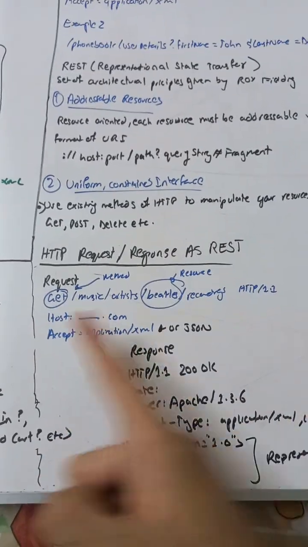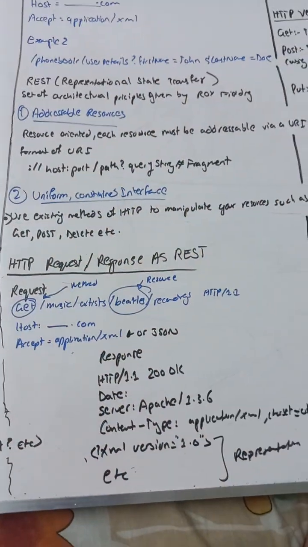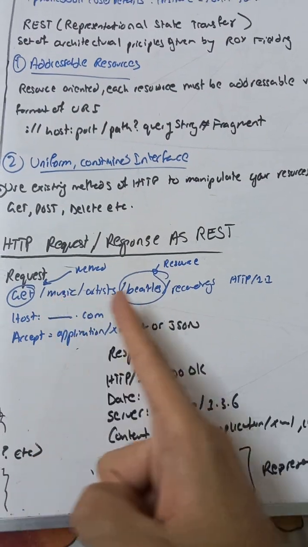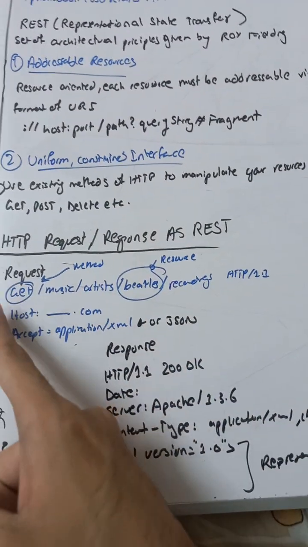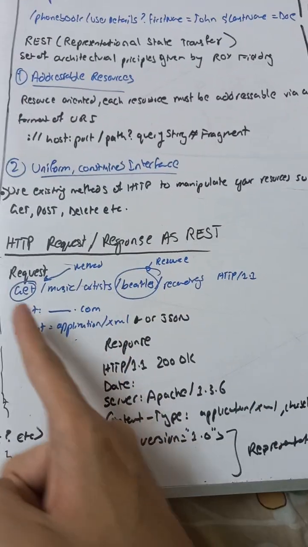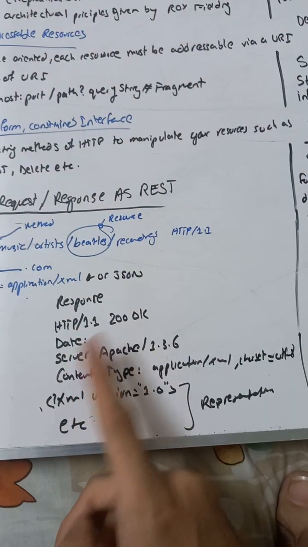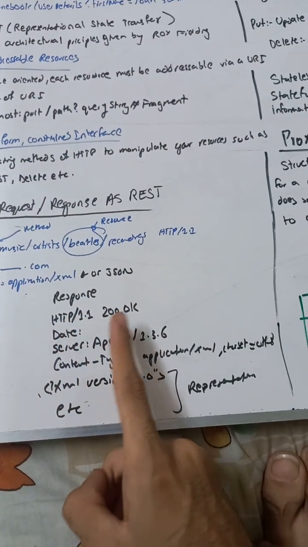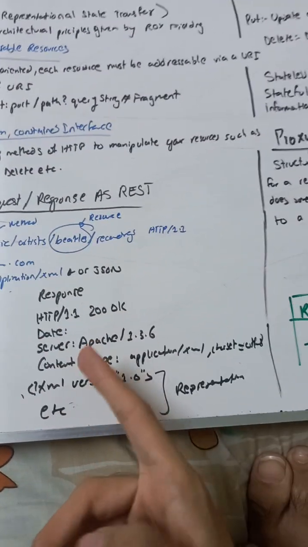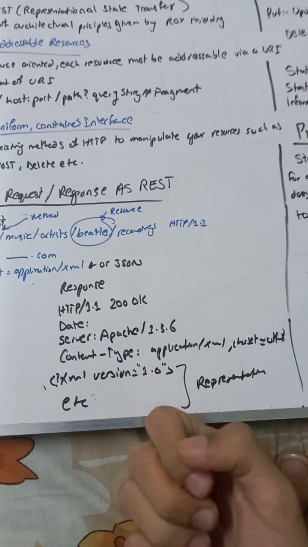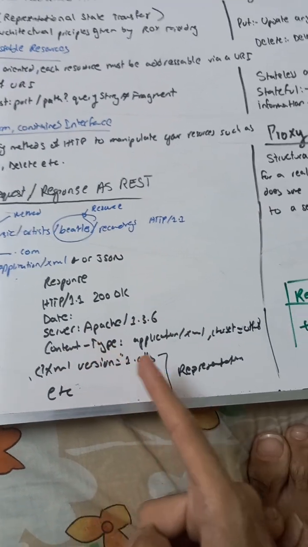We've looked at the request part earlier, but to do a quick recap, we have some path. So resource, this is the method get, and you have HTTP 1.1, you have the host, you have accept. It can be message, could be either in XML or it could be in JSON, and then you have your response, which is going to be HTTP 1.1 200 OK date server, which is basically कौन से server से तुम response आ रहा है, the content type.